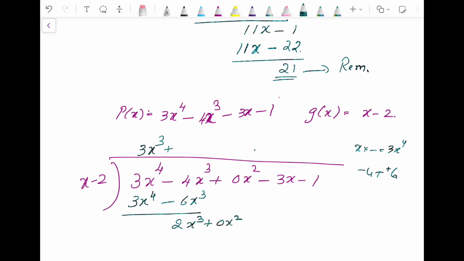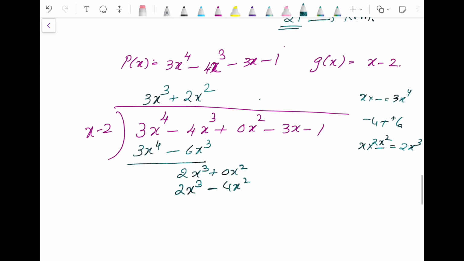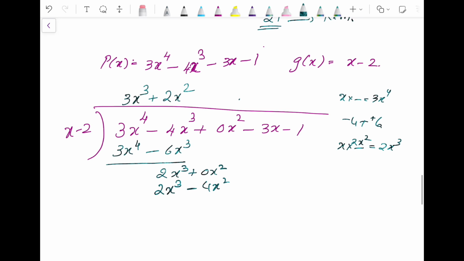So, you will multiply with x into something is equal to 2x cube. So, 2x squared. So, 2x cube minus 4x squared. Hope it is clear. 2x cube minus 4x squared, yes.